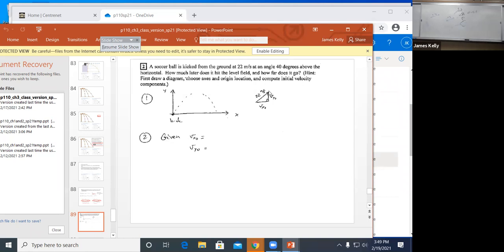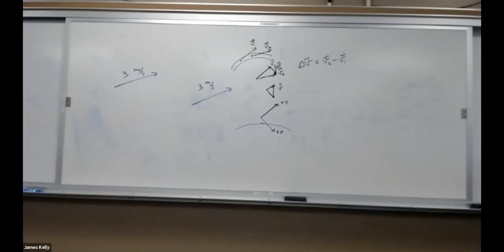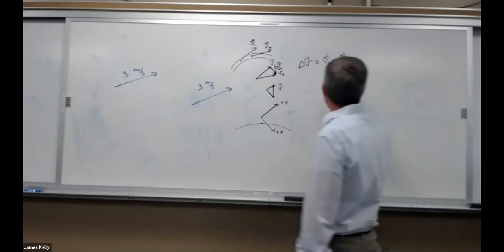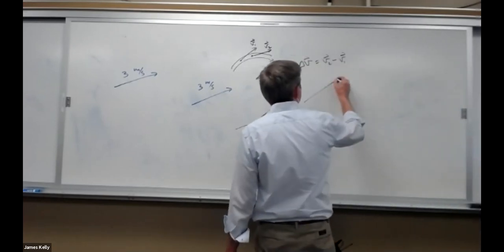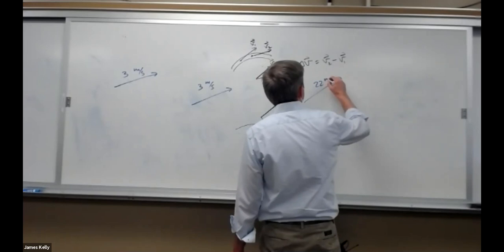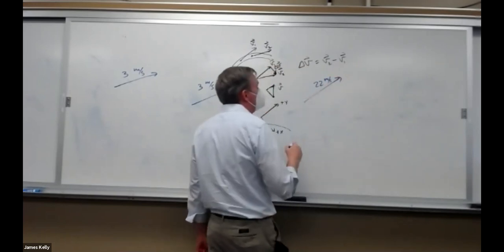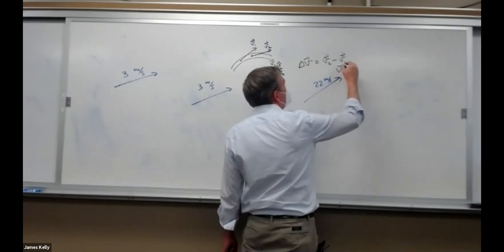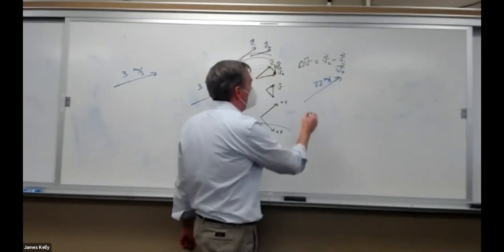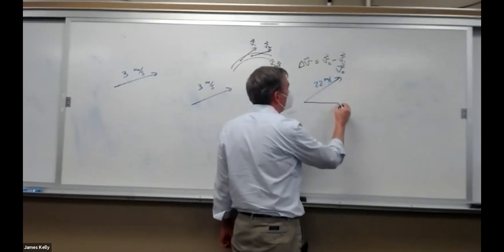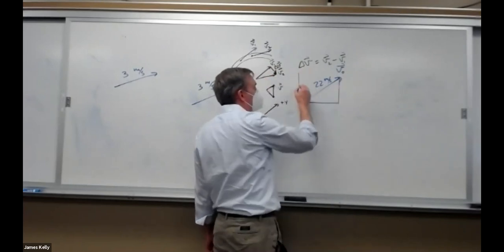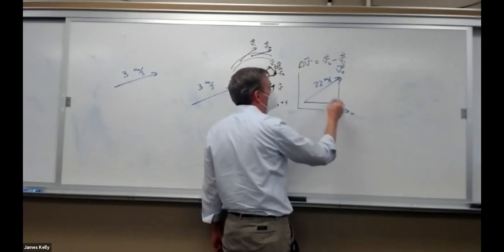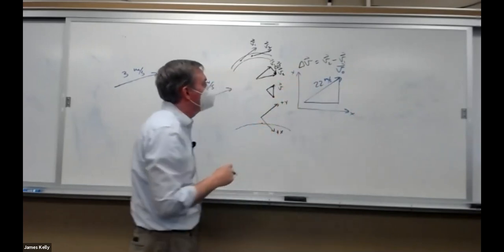Just for the sake of the video, let me stop sharing for a second to draw this a little bigger. 22 meters per second is the length of that initial velocity vector. So I'm drawing V initial, which has an X component and a Y component, because I chose my X and Y along those directions.